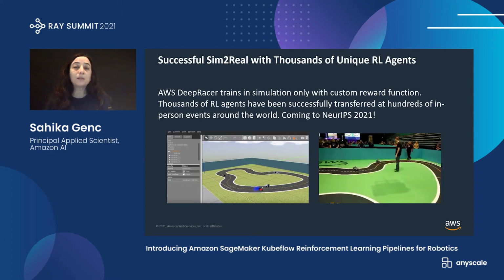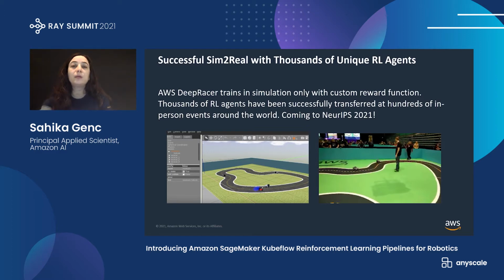However, one challenge once we start using simulation for reinforcement learning has been to successfully transfer your reinforcement learning agents from simulation to the real-world environment. And I would like to highlight here at Amazon and AWS, we've been able to design a robocar which uses custom reinforcement learning models that are designed by our customers who are participating in various summits and events.